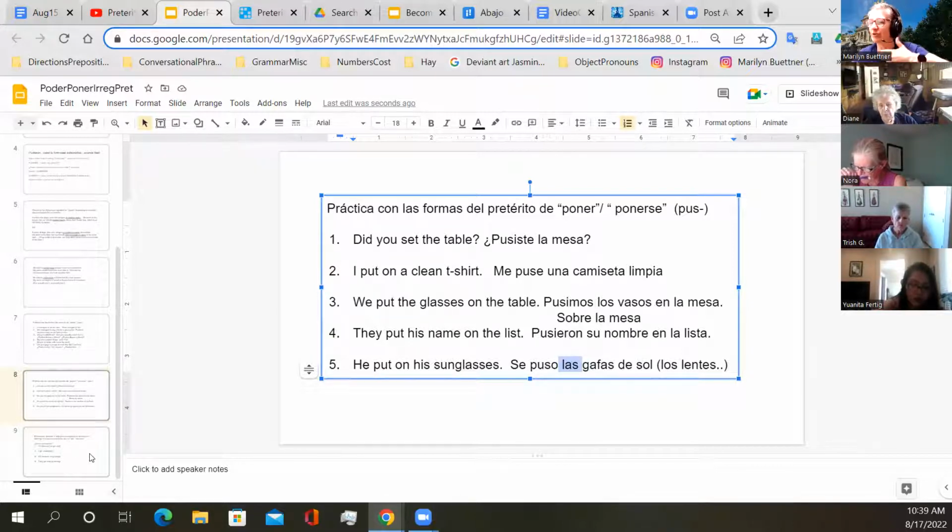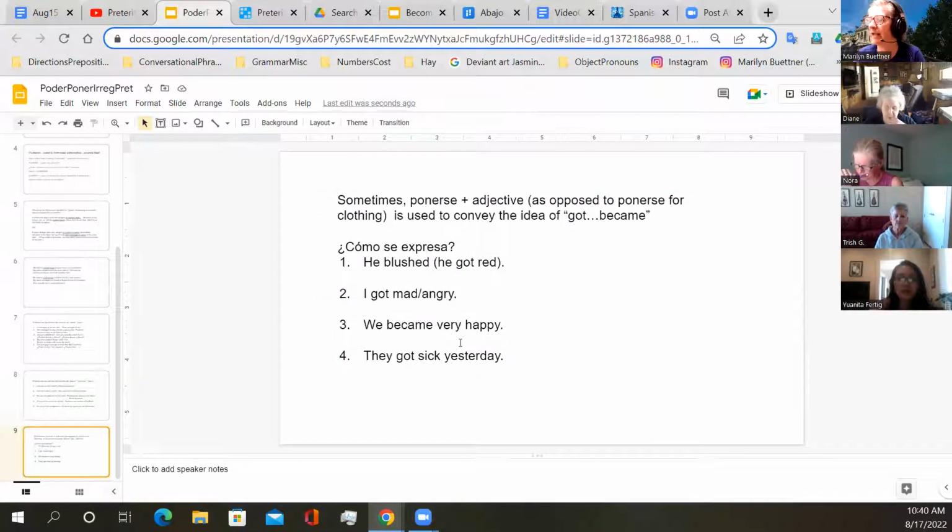Again, it's that article of clothing and body parts thing. They tend to use the article more. They might use sus if specifically the emphasis is on, oh, his, José's, Luis's. Okay. Bien.